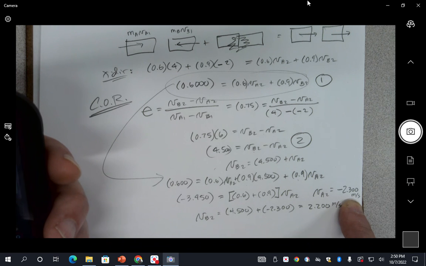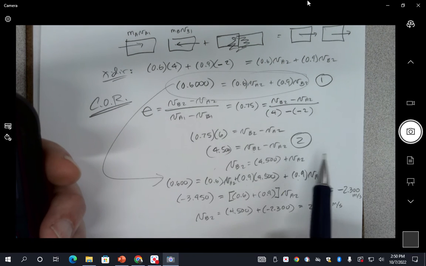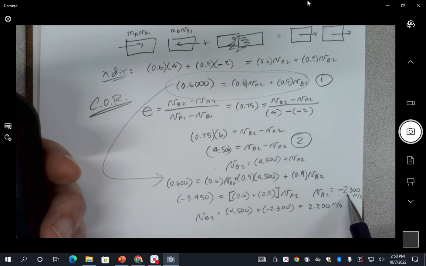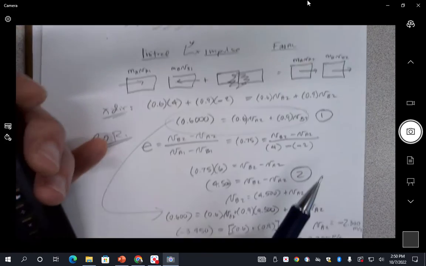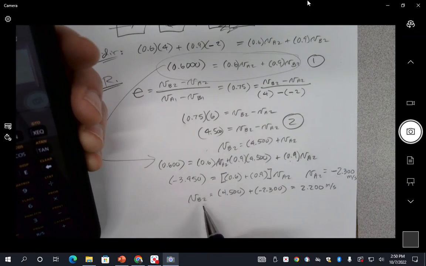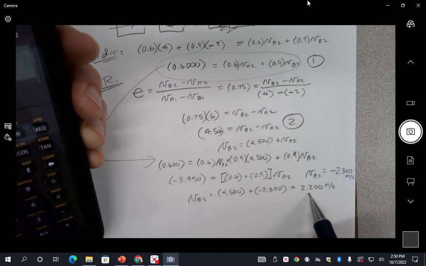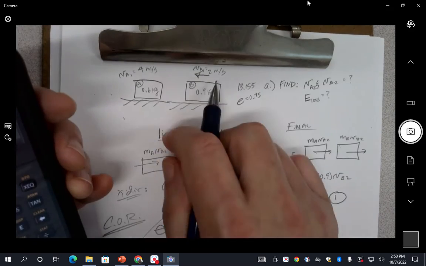Notably, let's take a reflection back here. We can see that both of them reversed course, right? VA2 is now going to the left where it started out to the right. But B is also going to the right, even though it started off going to the left.